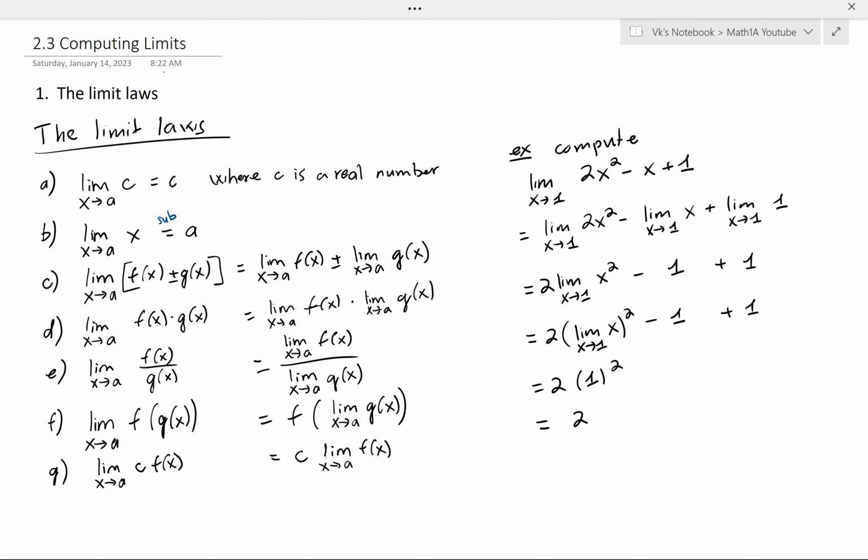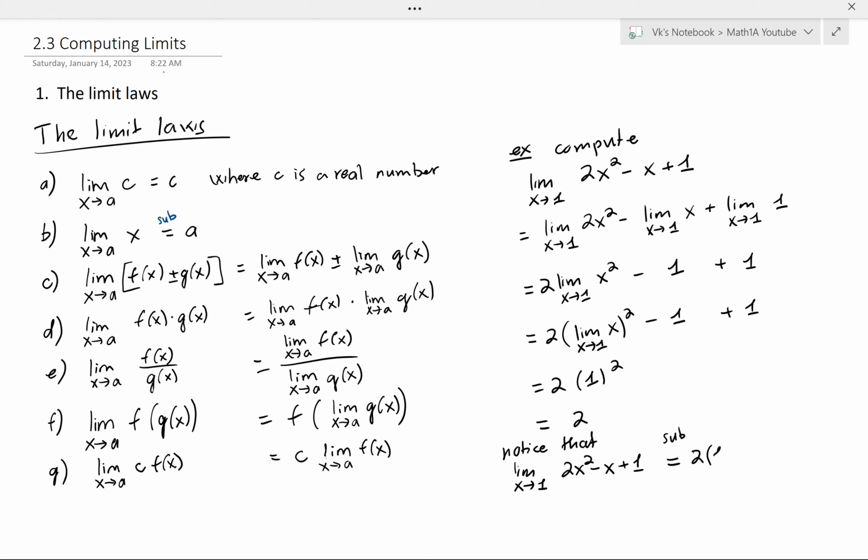Notice that we can do this a little faster. 2x squared minus x plus 1 is a parabola. So we can just sub in x equal 1. Notice that for the limit as x approaches 1 of 2x squared minus x plus 1, we can just do a direct sub here.